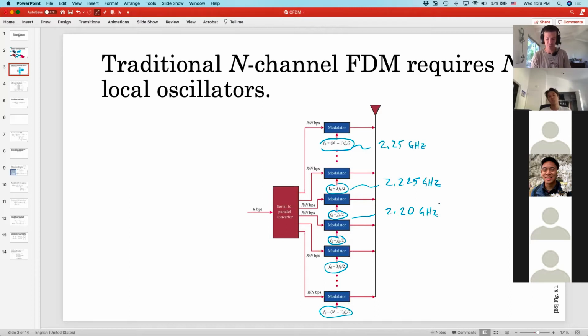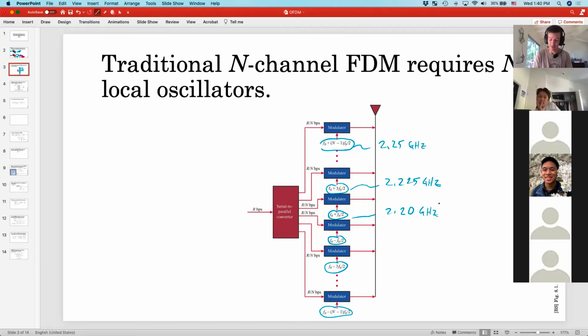And so I just want you to see that FDM, when taken to an extreme, gets impractical. I guess anything taken to an extreme will get impractical. But I want to bring this up because this is the fundamental problem that OFDM will solve eventually.